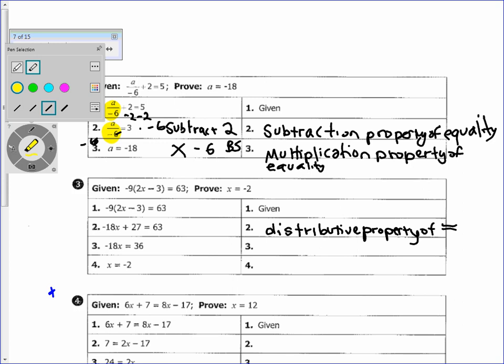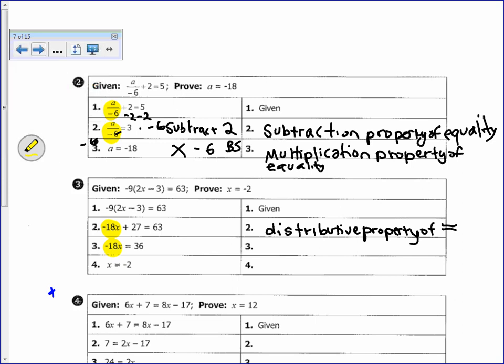Step 2 to step 3, -18x, still there. So obviously, they did something with that 27. It's positive. And there's a like term on the other side. So they had to subtract 27 on both sides to get 36. So that means they used the subtraction property.